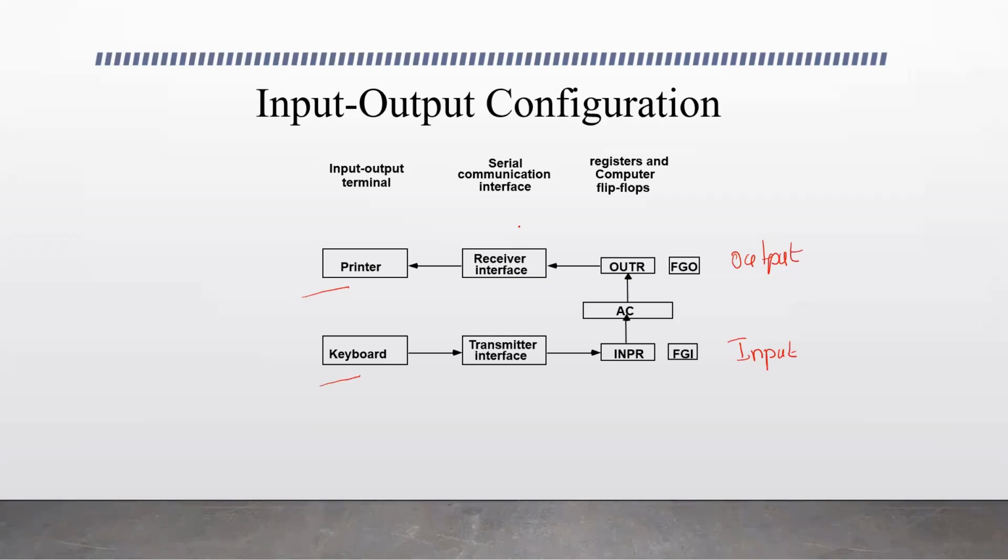And we have the serial communication interface. If you see this, at the input side we have the transmitter interface, and at the output side we have the receiver interface, through which the input information is transmitted to the computer and output information is transmitted to the user.